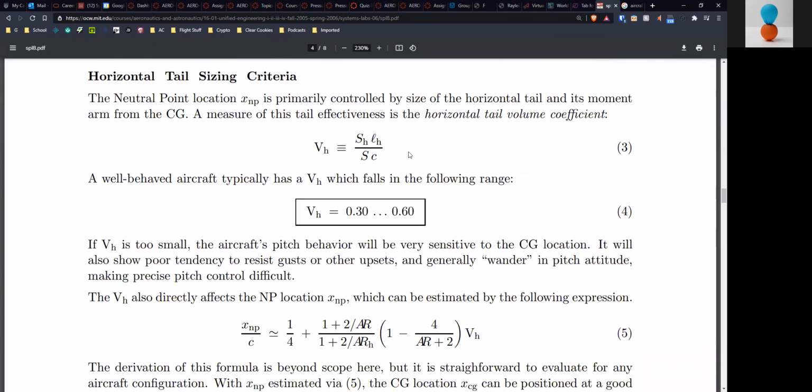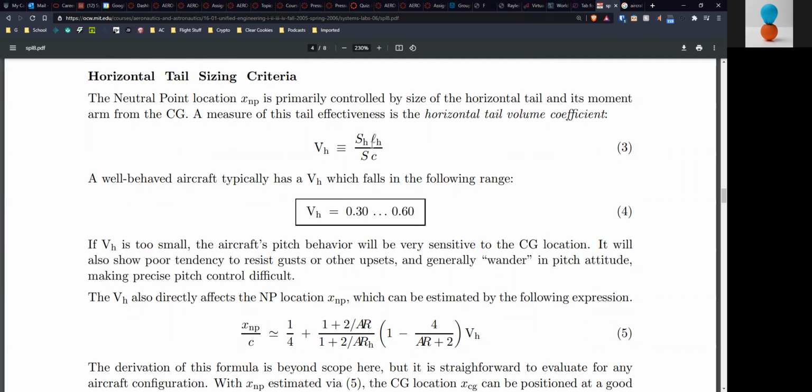So amended, the L_H is the distance from the aerodynamic center of the horizontal tail surface to the center of gravity, which makes it a moment arm. Basically this is the distance at which the tail's lifting force is being applied, since the aerodynamic center of a lifting surface is like the center of pressure just for that surface.